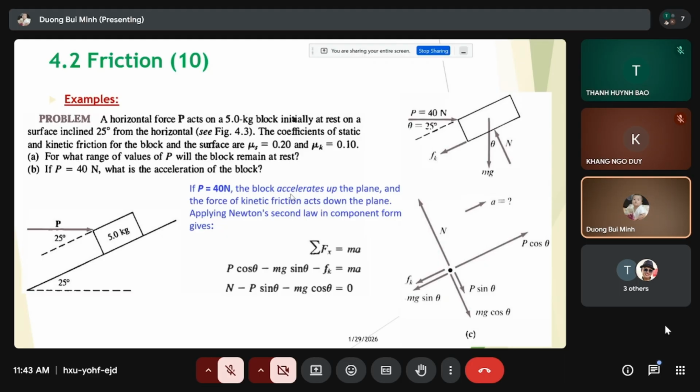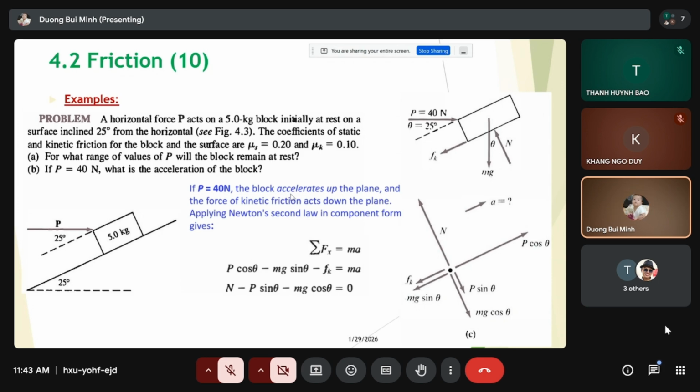But now the object is moving, so we consider Fk. This is the moving direction, because the acceleration vector is parallel with, the same direction as, the moving direction.